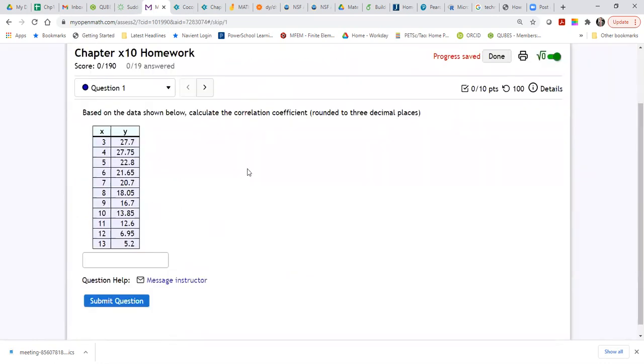Okay, so for this one, you're looking to calculate the correlation coefficient and round it to 3 decimal places. What you can do is just copy this. Make sure you copy all of them. First, you need to highlight it, and then right click, copy, and then paste it here.